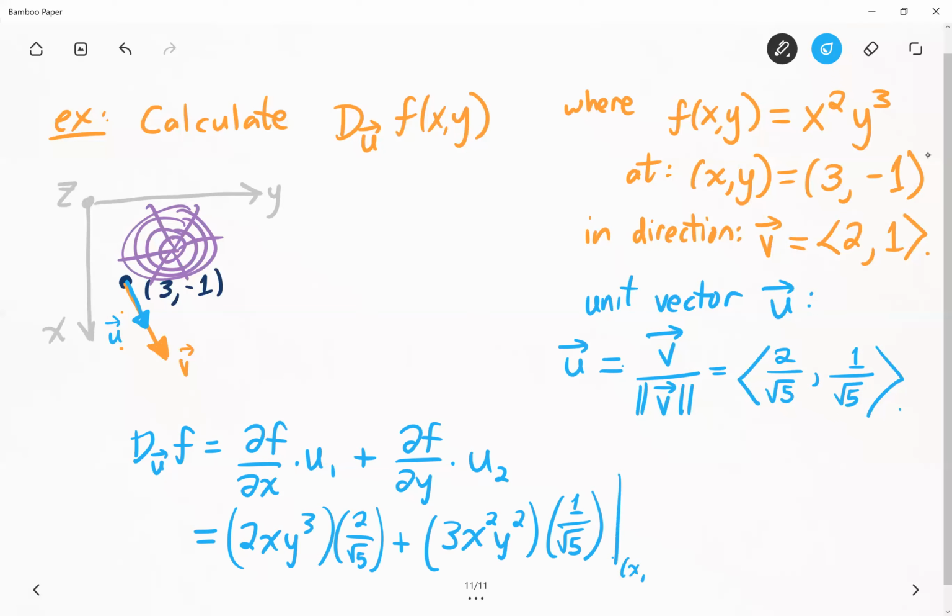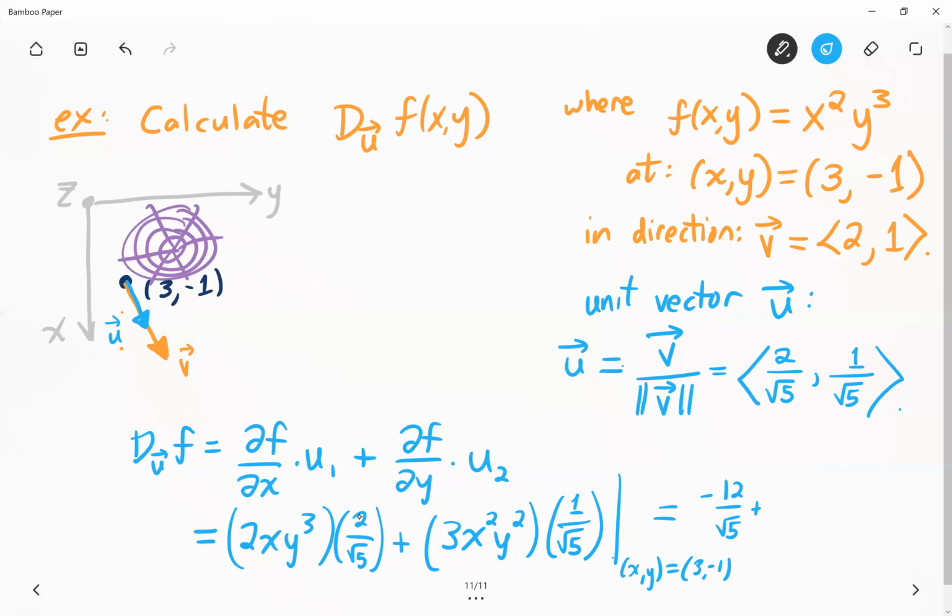And so let's evaluate that at x, y equals 3, negative 1. See, what do we get? Plugging in 3 and negative 1. In this first part, we'll have 2 times 3 is 6. The negative 1 cubed is negative 1. That's going to give us a negative 6 times 2. That's going to be a negative 12 over rad 5.